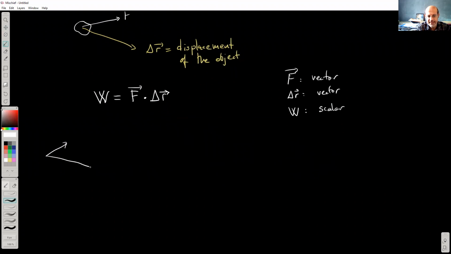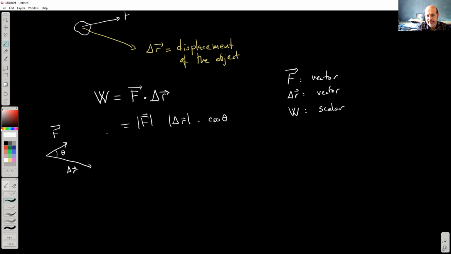I can express this dot product in terms of the magnitudes of the vectors and the angle between them. So I can write this down as the magnitude of the force, let me use this absolute value sign, times the magnitude of delta R. Normally I should put an arrow here, but this is just a scalar, multiplied with cosine theta.